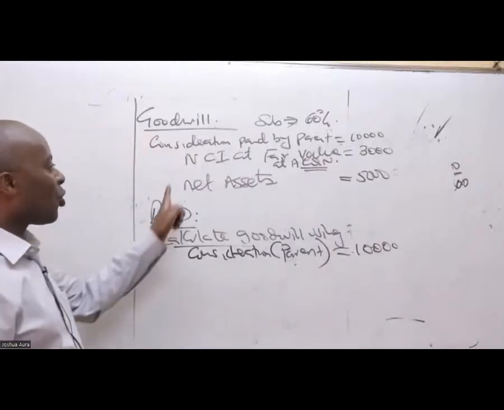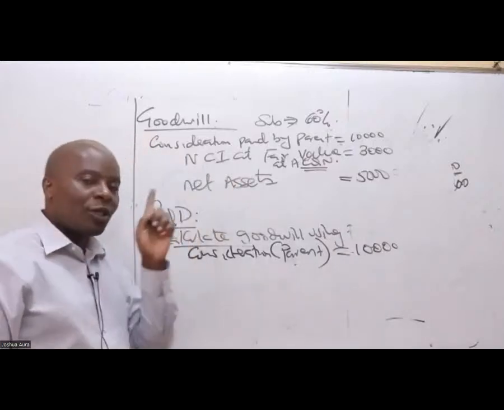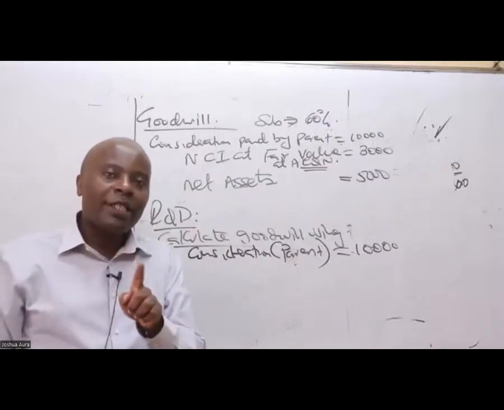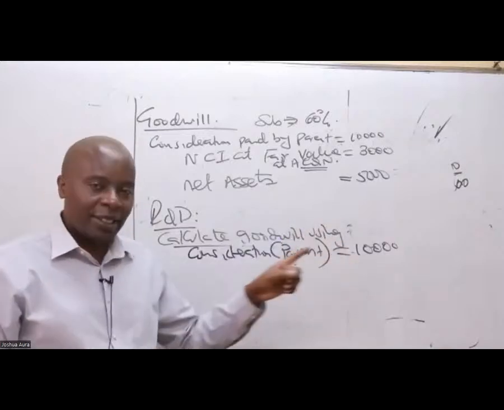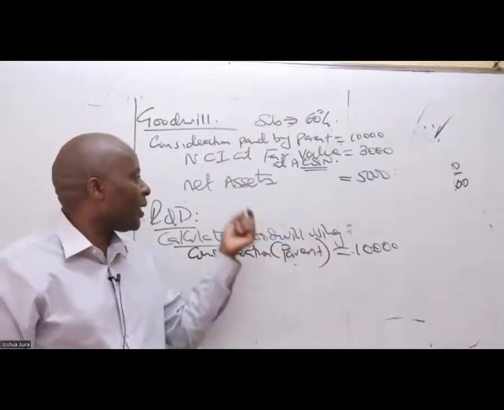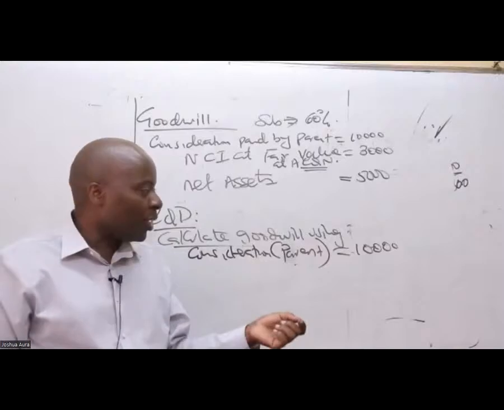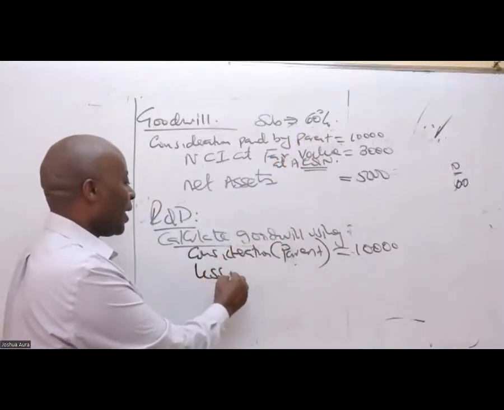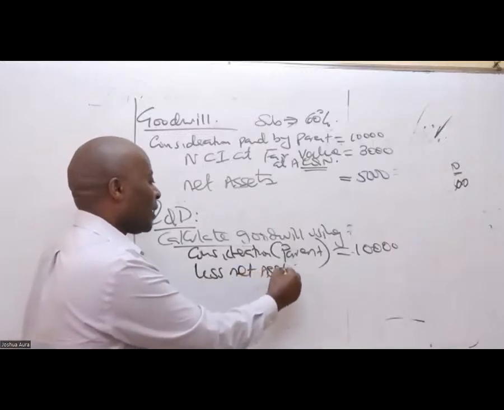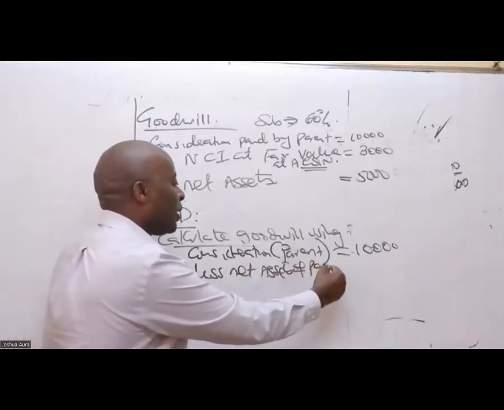If you don't consider NCI, then you also forego the net assets of NCI. NCI's net assets are 40%. We can only take the net assets of the parent alone, who owns 60%. So you come and subtract net assets of parent only.